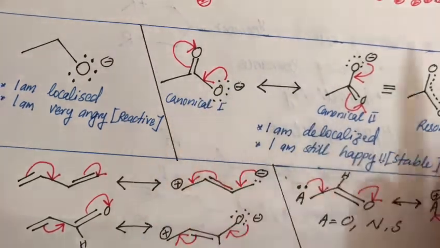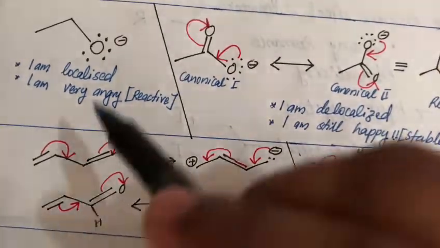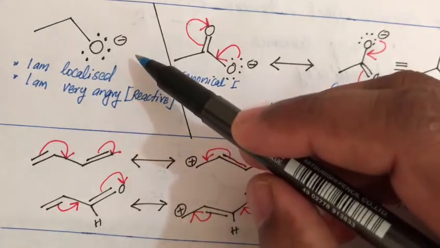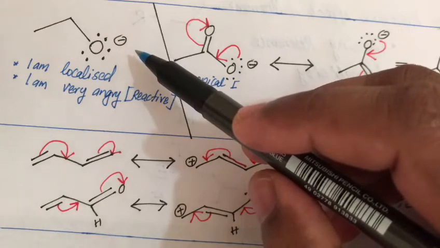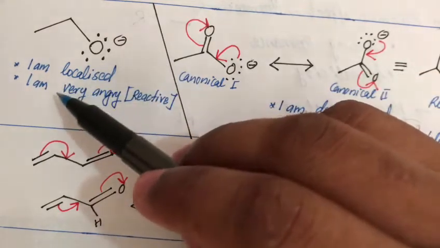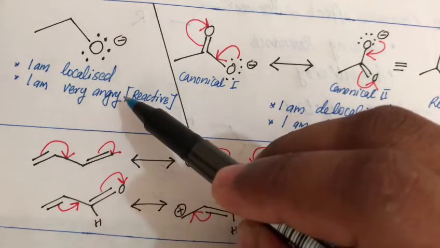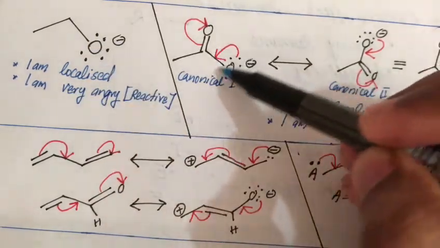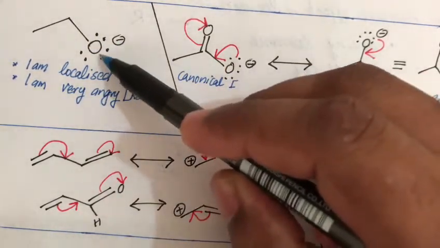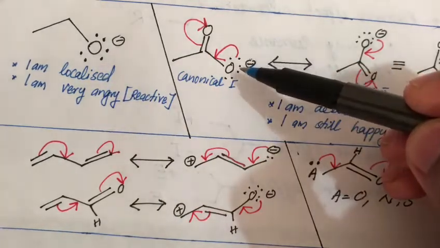In our previous lecture we mentioned that any molecule having a charge will be somewhat less stable compared to its uncharged condition. So it is very angry, that means highly reactive. This oxygen is highly reactive compared to this oxygen. Why?